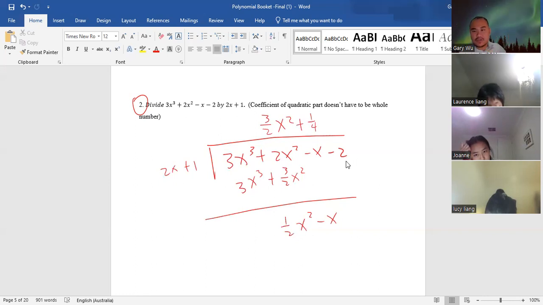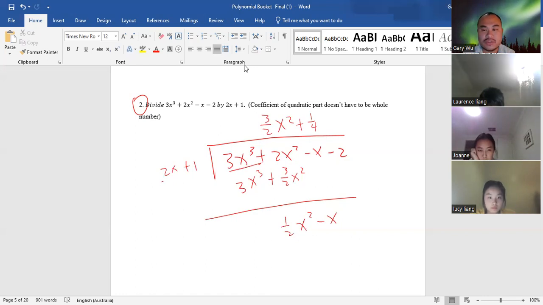Okay, so I'm working out for you so that you can compare, you can check your answers. So this one, the hardest bit is that it's not a whole number. It can be fractions, because the idea is for me to get rid of the 3x cubed. So I would definitely do 3 over 2x squared times 2x so that I will get exactly 3x cubed.